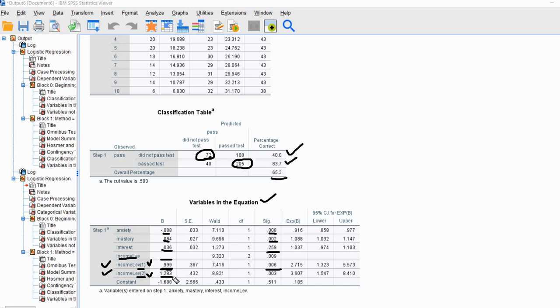And then when we look at the next coefficient, we see it's statistically significant, and that's indicating that students who were high in income were more likely to pass the test than students who were low in income. So again, what we've done is we've taken our categorical variable, and through SPSS, the menu, we can effectively generate our regression output where the program does the dummy coding for us. Otherwise, we would have to manually do that dummy coding.